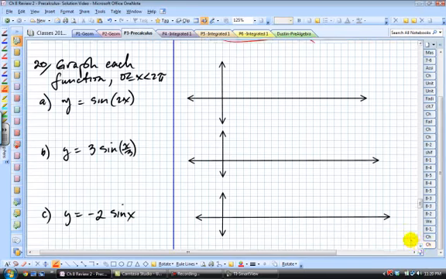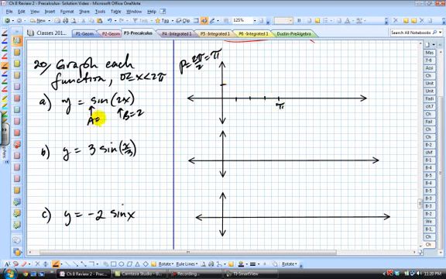Number 20. Almost done here, guys. We have to graph. Alright, so let's check this out. Y equals sine of 2x. Here, b is 2. So the period is 2 pi divided by 2, or pi. So I'm going to go out 1, 2, 3, 4, and call that pi.